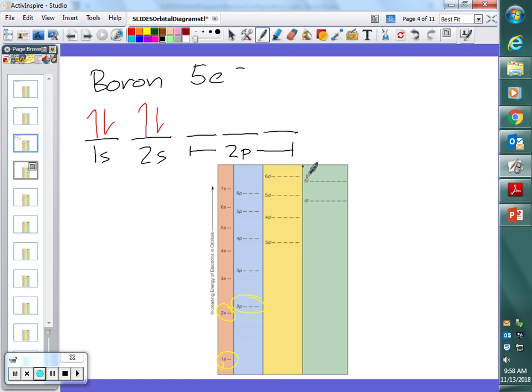So usually what I do, just to save some time, is I'll just label them like that. Okay? When we get to something that has multiple orbitals, we have to list them all. Now, we'll change this in just a second.